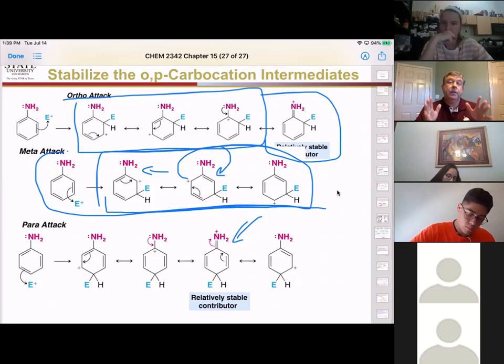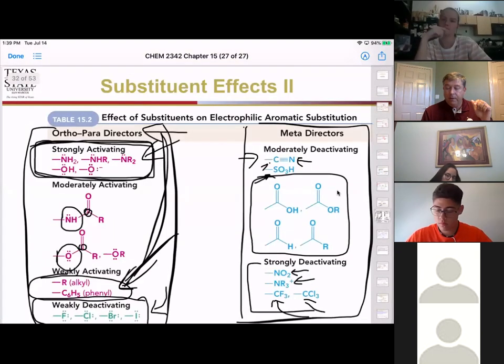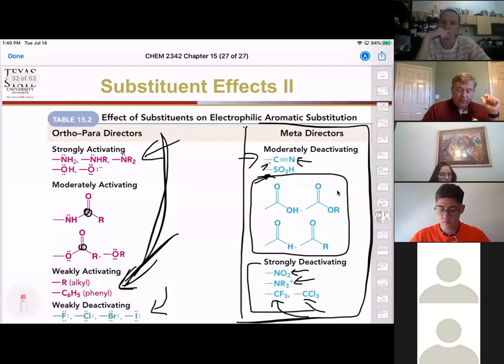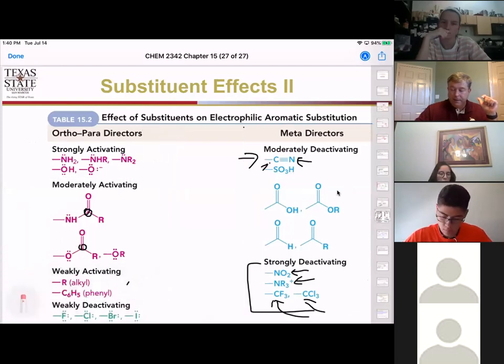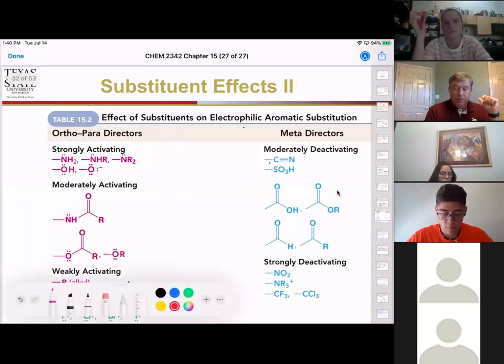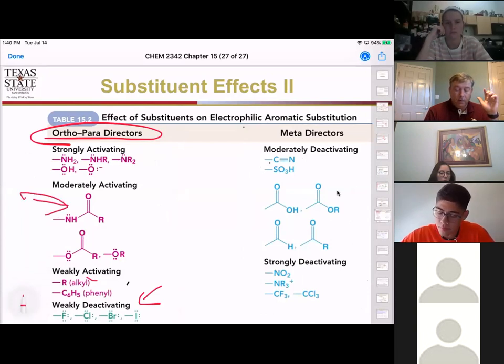All right, questions on ortho-para? And while I'm waiting for that, I want to go back to here and have you look at all these things again. The thing that you should see in all of these, on the ortho-para directors, is that we have those lone pairs of electrons that contribute to the resonance, or a weak hyperconjugative effect.